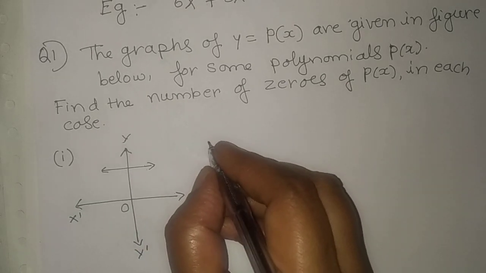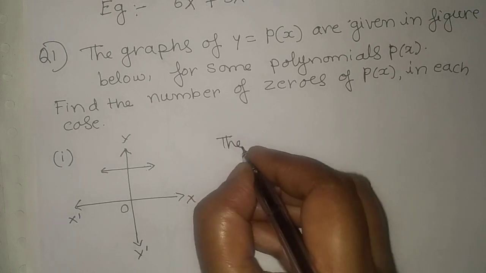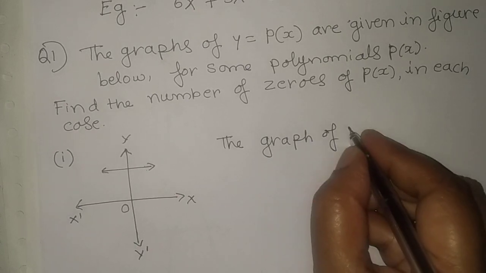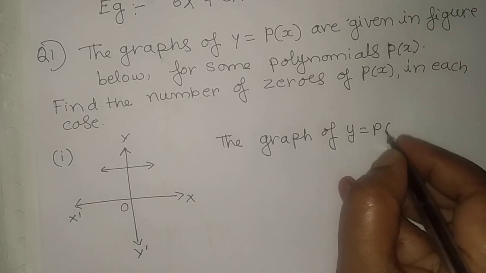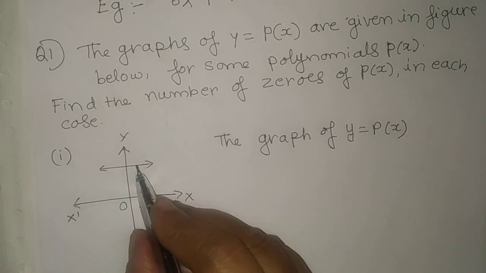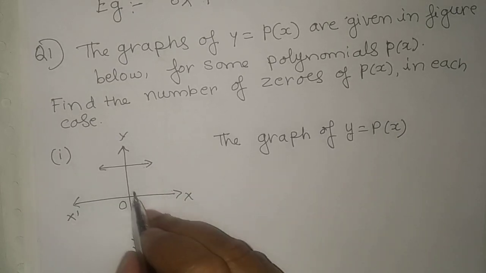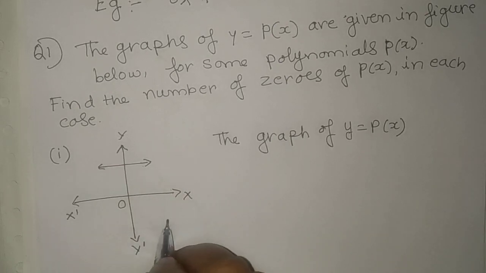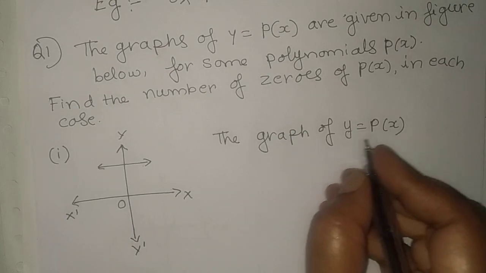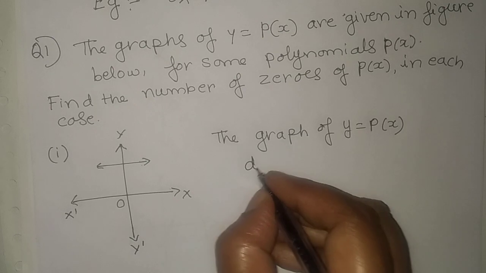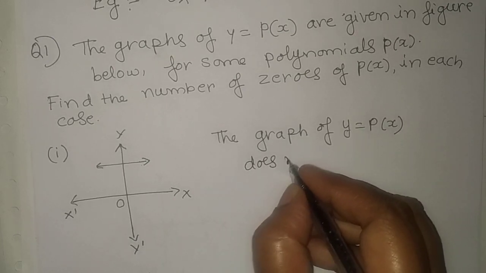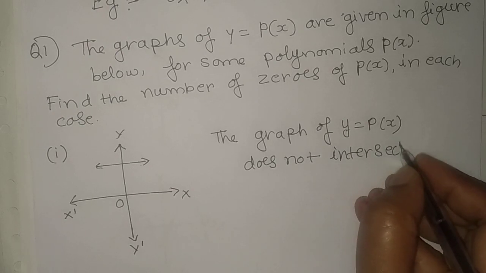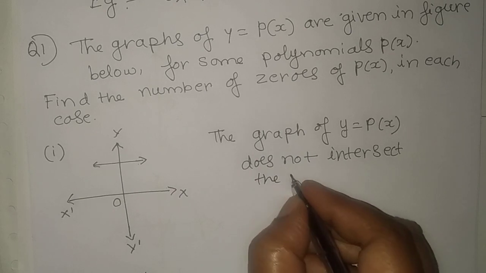Here we have to write the solution. The graph of y equals p of x is just a line, and it does not intersect the x-axis.